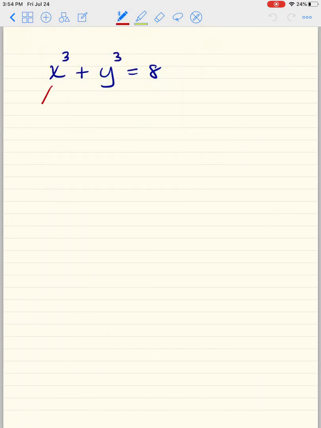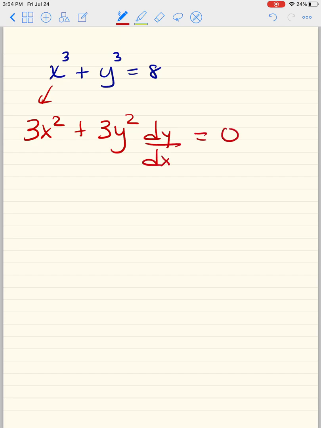Okay, same thing here. X to the third, 3x squared. Y to the third, 3y squared, but because it's a letter other than x, we're going to go dy dx, equals 8. And since each piece has a 3, you can get rid of it, or you can divide later on.